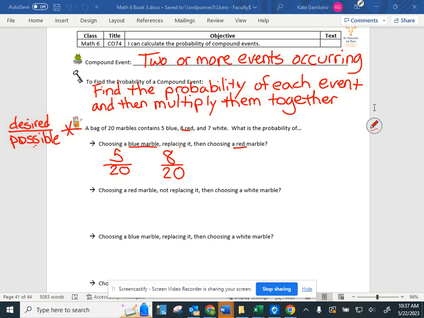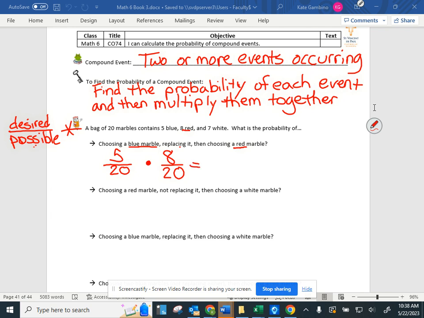So this is my first event, choosing a blue out of the 20. My second event is choosing a red out of the 20 marbles. To find out the probability of choosing the blue and then the red, we multiply them.